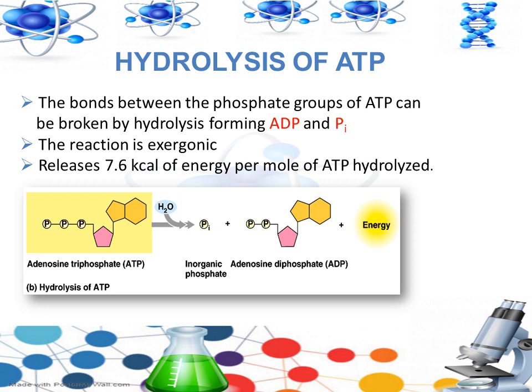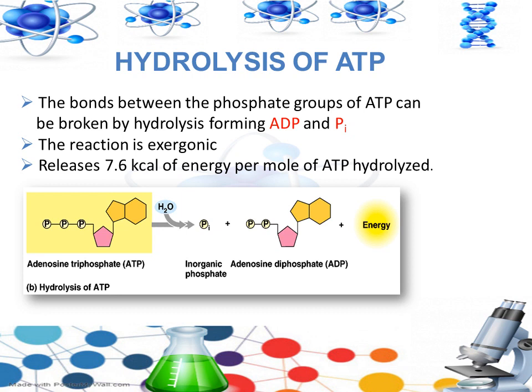So when you look at this diagram, you can see that ATP, adenosine triphosphate, gets its name triphosphate because it has three phosphate groups. Okay, and when water is added, there will be hydrolysis.